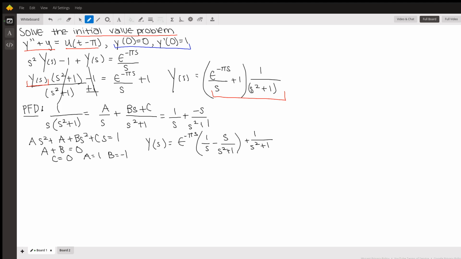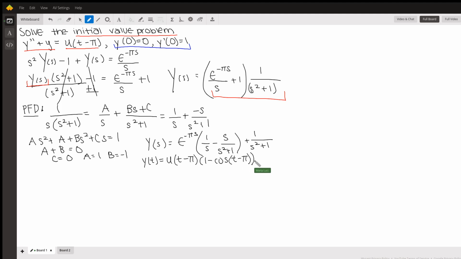And then we find, doing the inverse Laplace transform of that, the Heaviside function u of t minus pi, and then we also find 1 minus, this is the Laplace transform of cosine, so it's going to be 1 minus cosine of t minus pi.